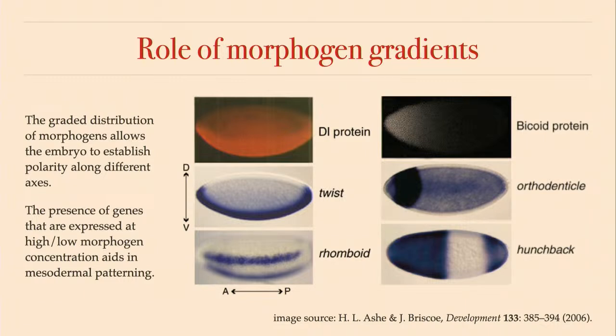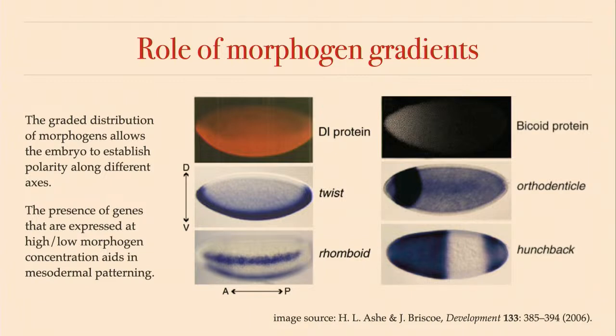Here are some examples of what morphogens can help to achieve in developing embryos. For example, here's the dorsal protein, which is found in abundance towards one side, and there's a gradient from ventral to dorsal. Concurrently, you see higher expression levels of twist near where dorsal is high, and rhomboid where dorsal is low.